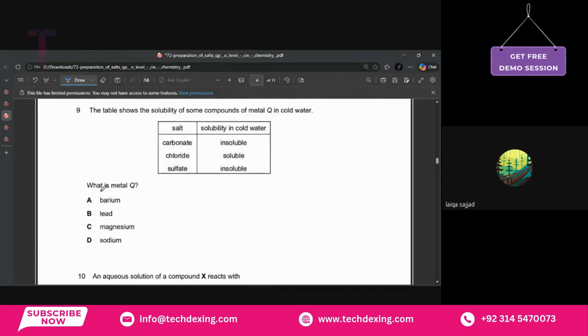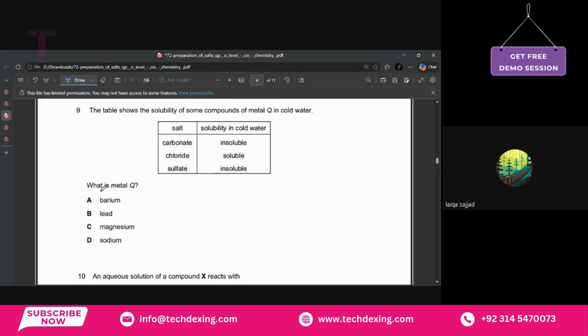The table shows the solubility of some common compounds of metal Q in cold water. The carbonate salt of that metal Q is insoluble in cold water. The chloride salt of that metal Q is soluble in cold water. The sulfate salt of that metal Q is also insoluble in cold water. What is that metal Q?